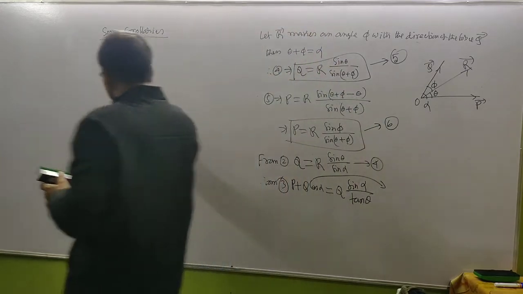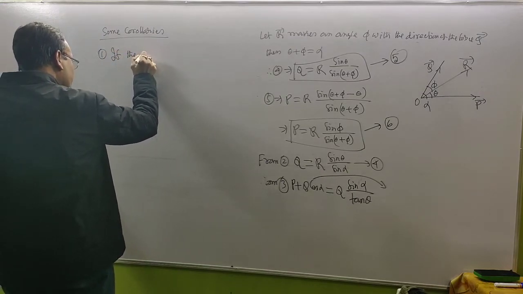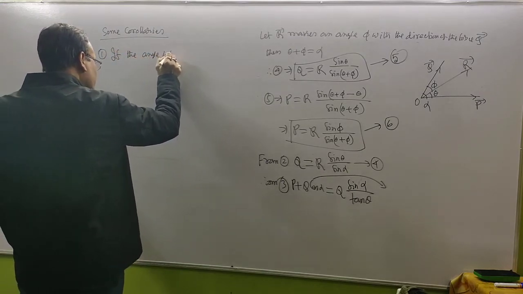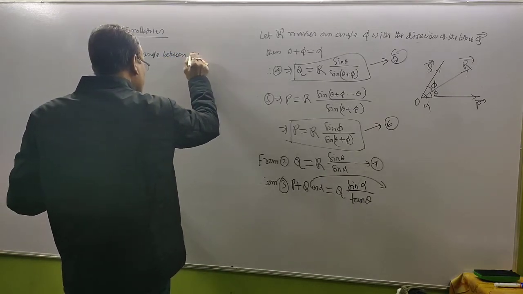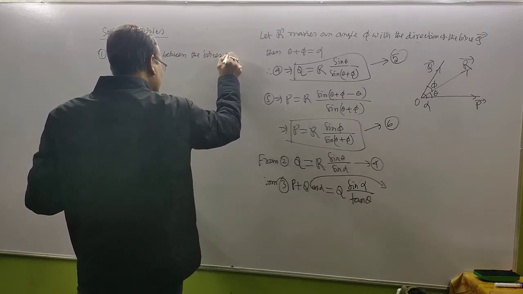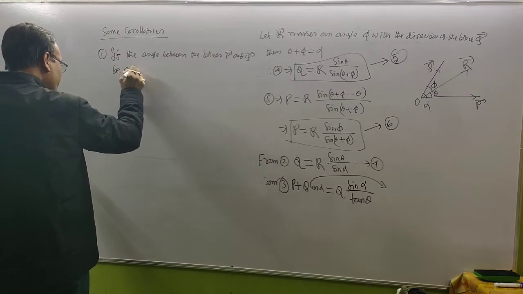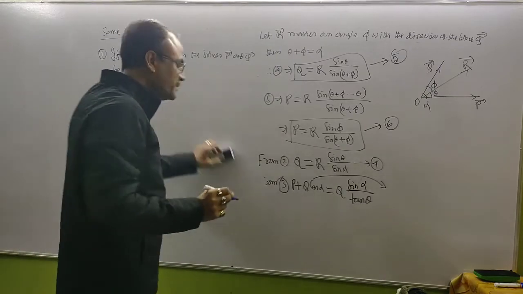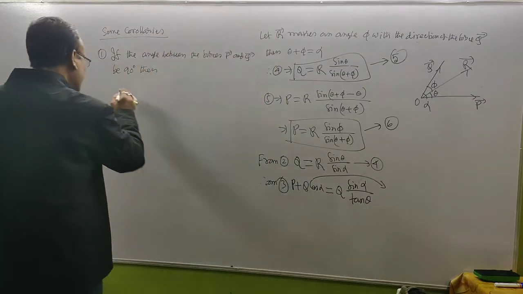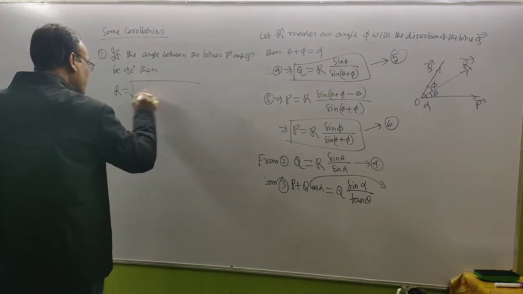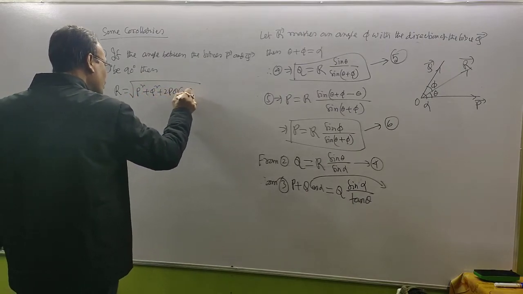Number 1. If the angle between the forces P and Q be 90 degree, then R equal to root over P square plus Q square plus twice PQ cos alpha.